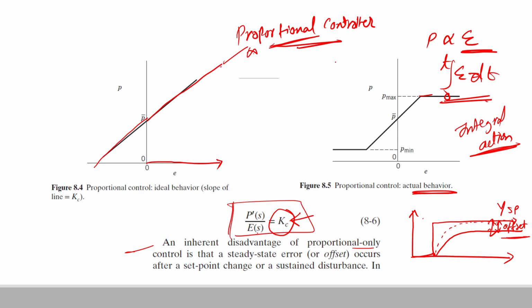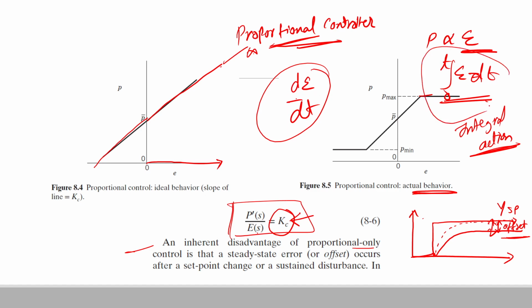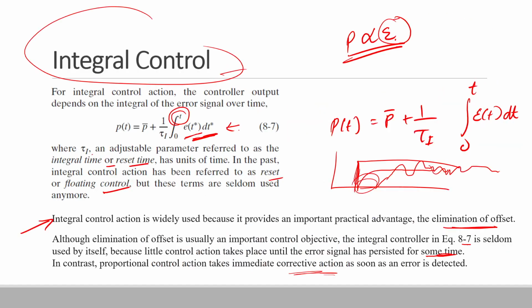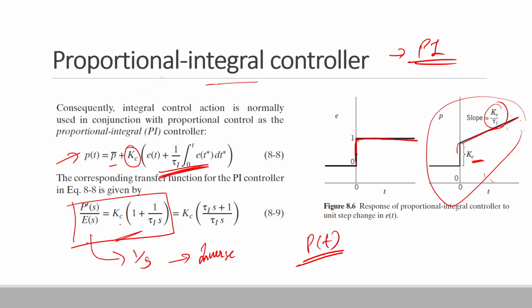That is basically represented by the derivative with respect to time, d by dt. Integral controller is due to this integral into the past, and proportional control is simply proportional to the present error. Using that, we derived these control laws, and corresponding to each of those we had these transfer function models.